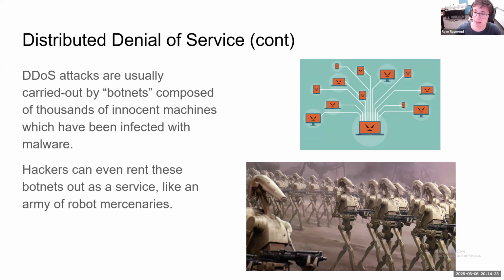These days, something much more lucrative is to actually enslave people's computers into botnets. And these botnets are like an army of droids that you can actually rent out. It's like having an army of robot mercenaries. It's hard to get hard numbers on this, but it looks like about 25% of computer connected devices are part of botnets.